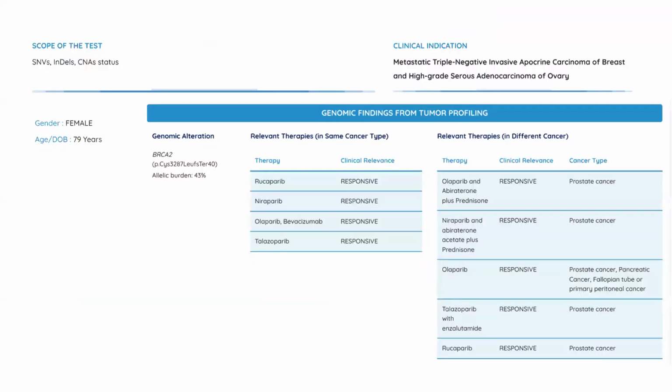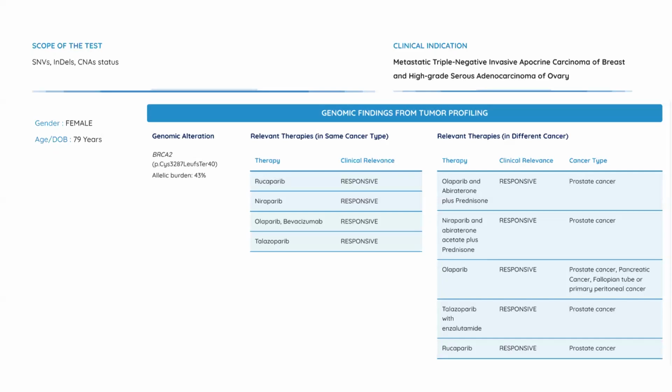So now going back to BRCA1, BRCA2 pathogenicity and why it is important to look at these mutations. Primarily two reasons. You can look at tissue profiling to look for BRCA1 and 2. By doing a tissue profiling or tumor profiling, you get the information of both the somatic as well as germline.